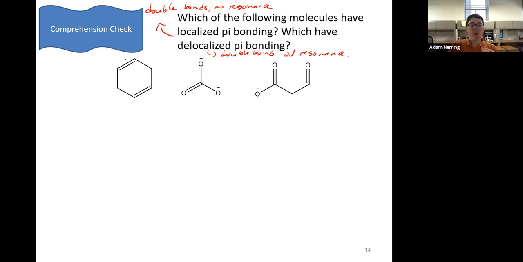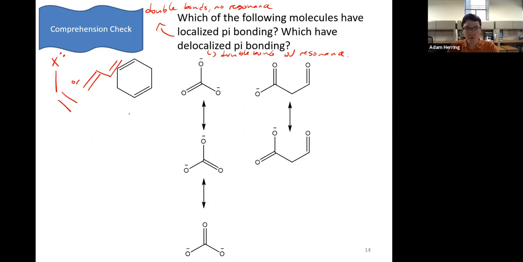So, the patterns for resonance that we saw were either having a set of electrons and then an adjacent double bond, or alternating double single bonds. So in this molecule on the left, we only have localized pi bonding.